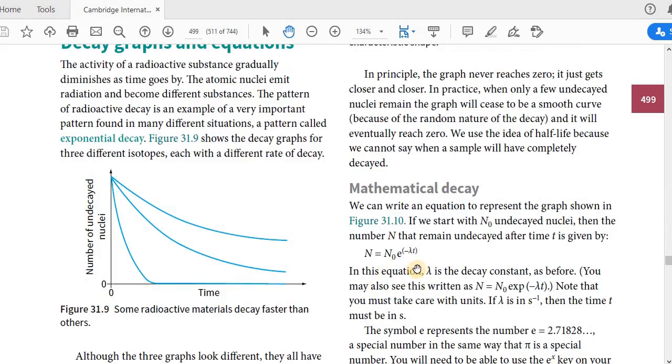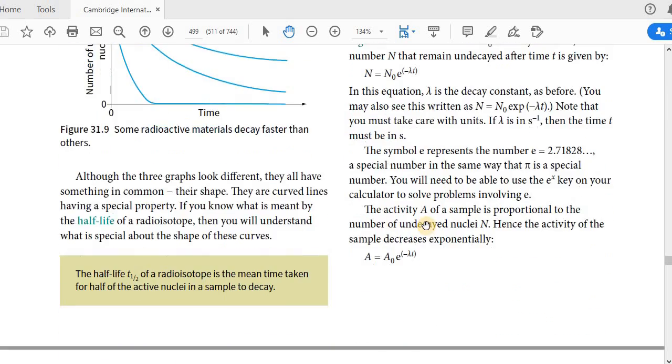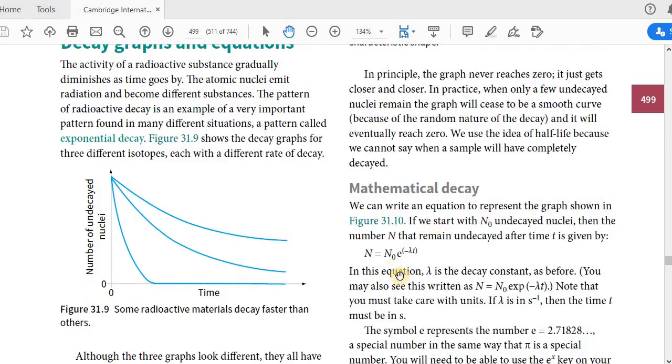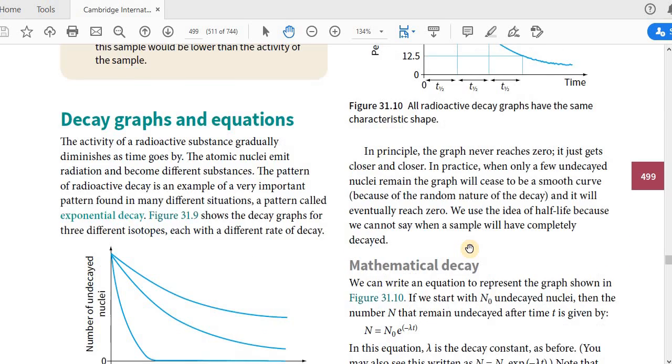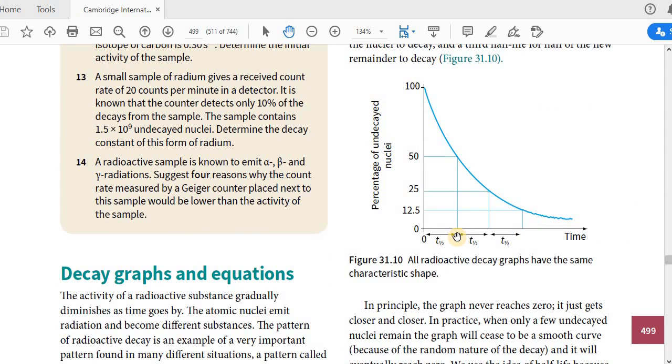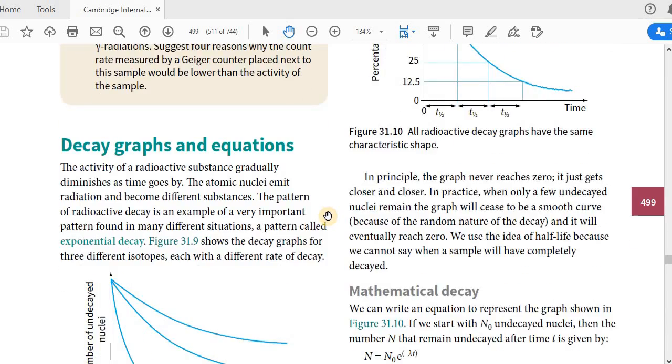Then we have this equation. I can show you the derivation of this also, but for now I think this is sufficient. You can see here there is a minus there. This number is positive but the power is negative, which means if you plot a graph of N versus t, it will be an exponential decay curve.